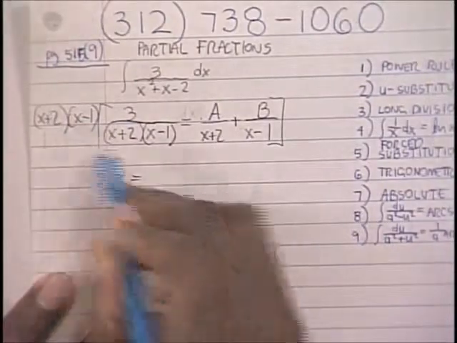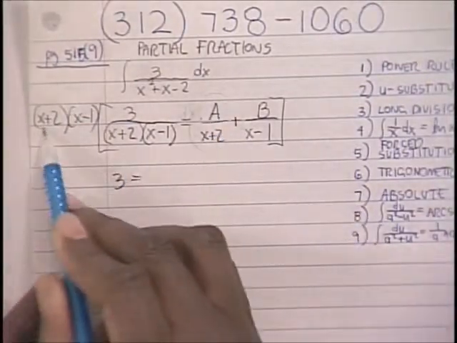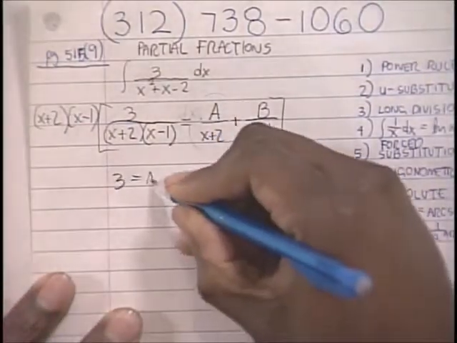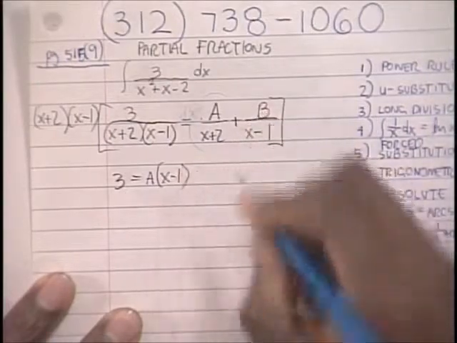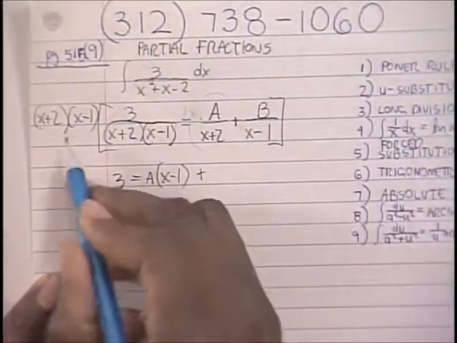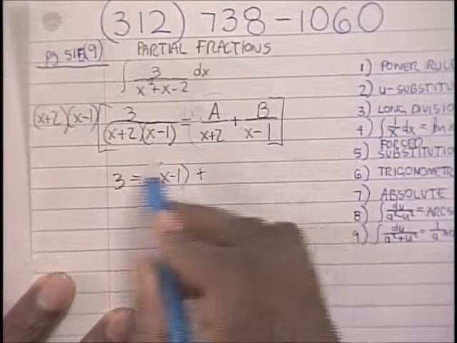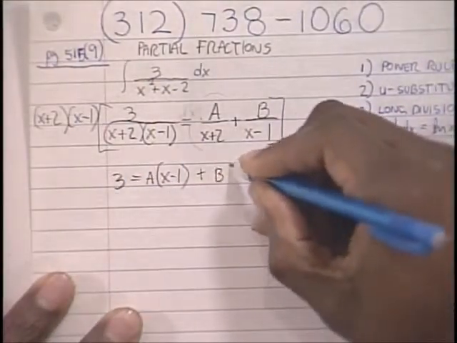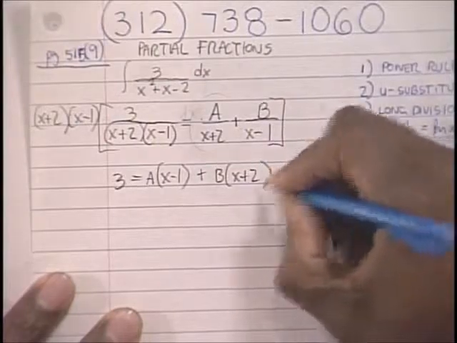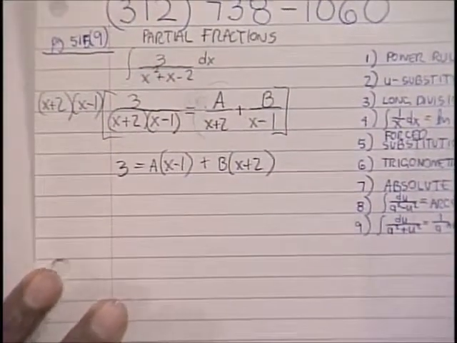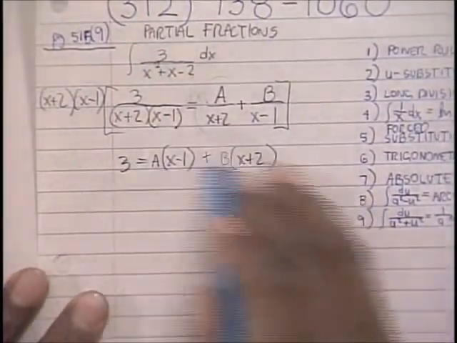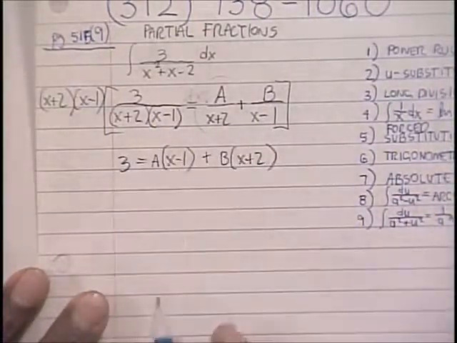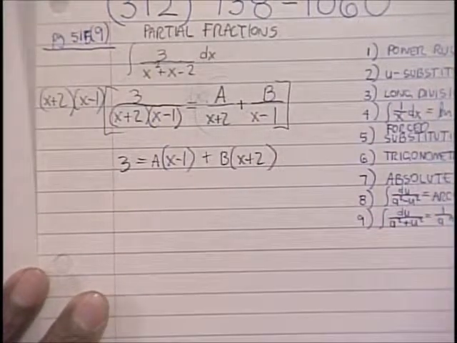We multiply this by x plus 2, x minus 1, we get A times x minus 1. And then we multiply this times x plus 2, x minus 1, we get B times x plus 2. All right. So now we just have some very general equation that you can always substitute into.